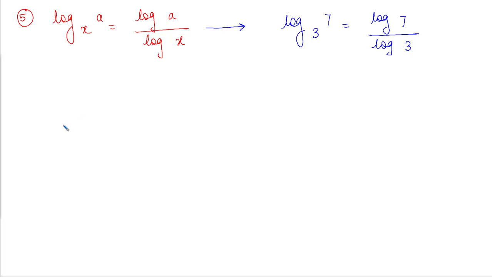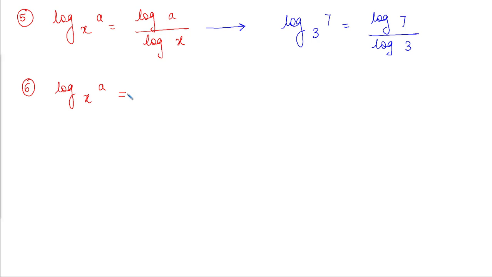Now let's have a look at the sixth property. The sixth property is log of a to the base x. Let's say at the time of simplification you come to know that instead of x, the base has to be y. If the base is y instead of x, you will be able to simplify it very easily. So how to change this expression into base y?